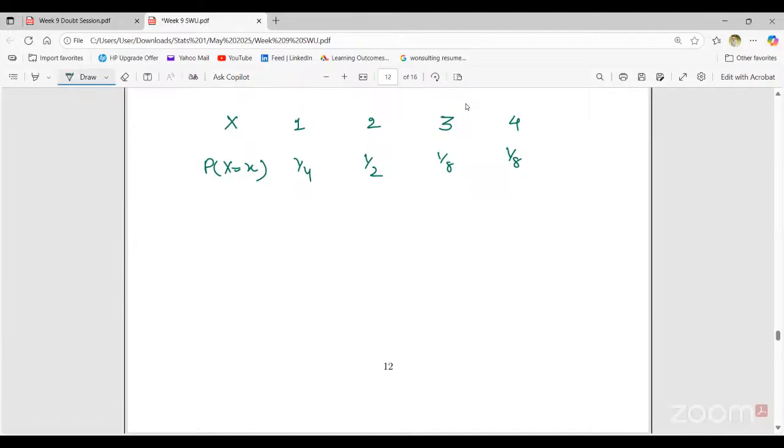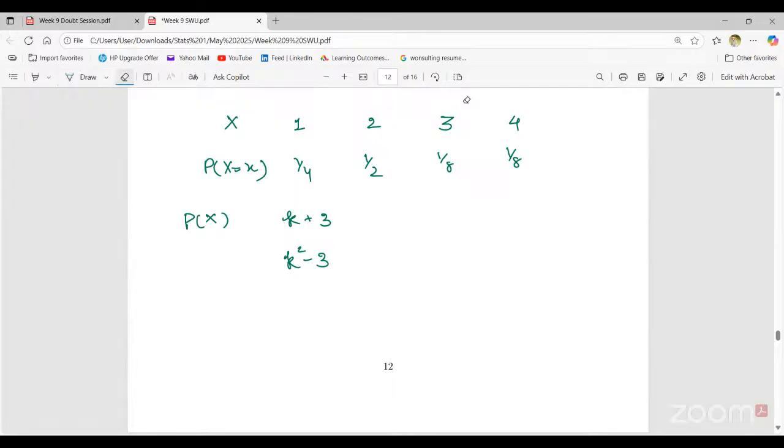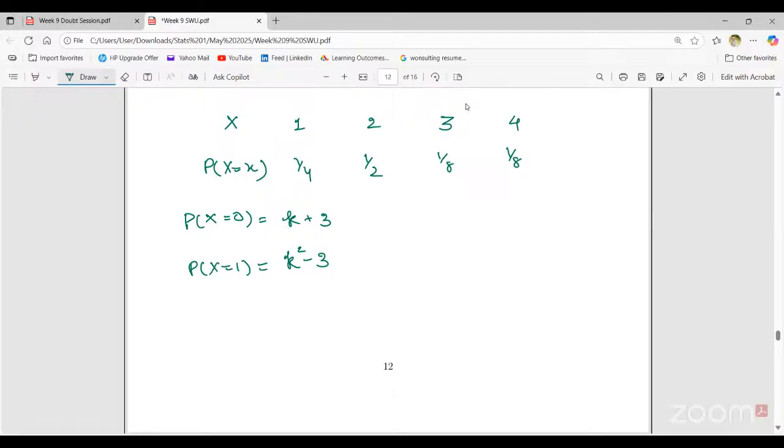One is K plus 3 for X equals to 0. The next one is K square minus 1 for X equals to 1. And the next one is 0 for all other cases. For X equals to 0, it's K plus 3, and for X equals to 1 it's K square minus 1.